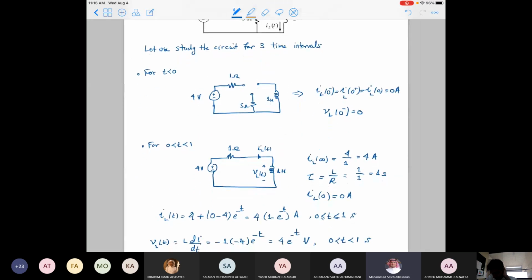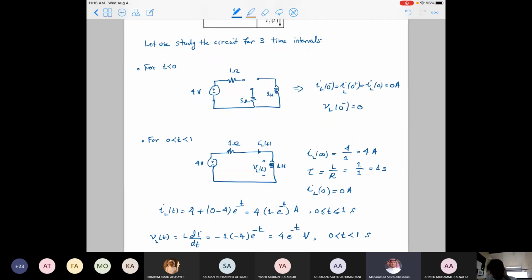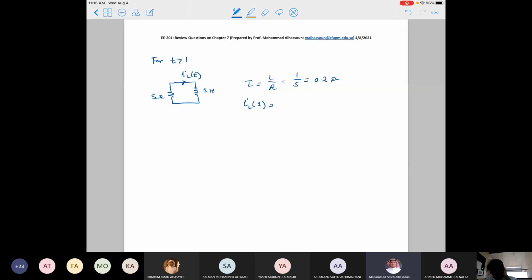So the value of the current at t equals 1 is 4 multiplied by 1 minus e to the power negative 1, and this is equivalent to 2.53 amperes. The final value will be 0 here.